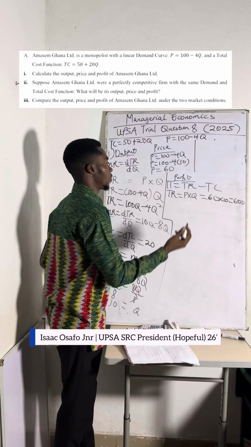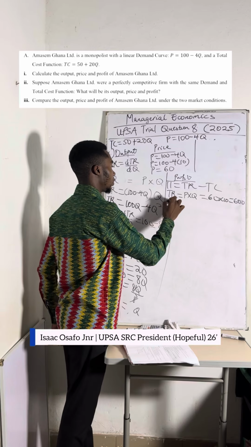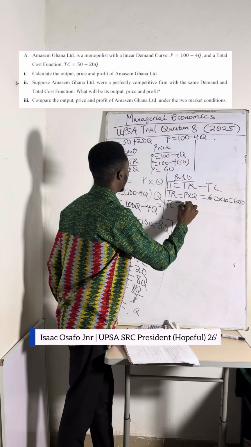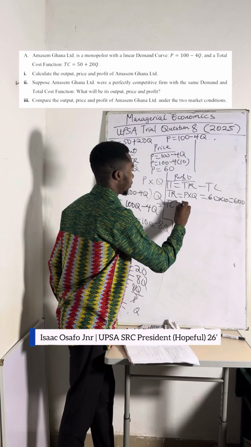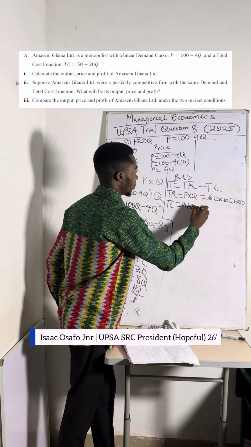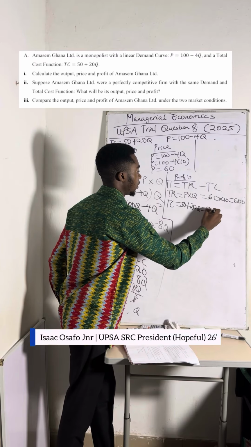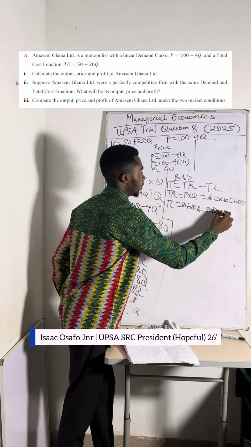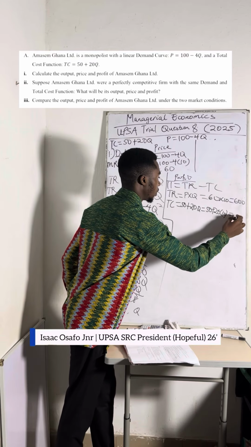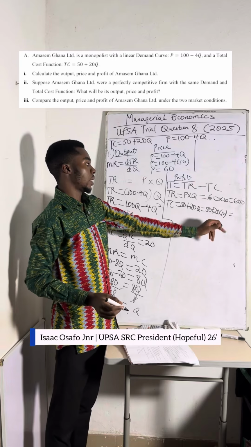So now that we found our total revenue and we got 600, we can find our total cost. They already gave us the total cost function to be 50 plus 20Q. So that will give us 50 plus 20 times Q. And Q is what? 10. So 20 times 10 is 200.